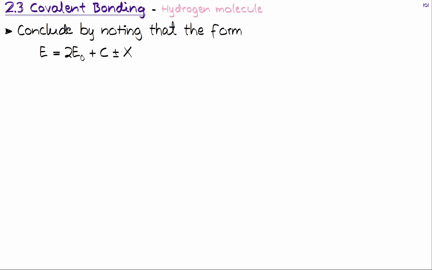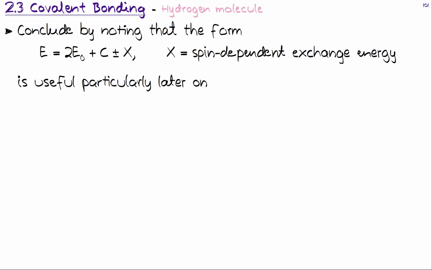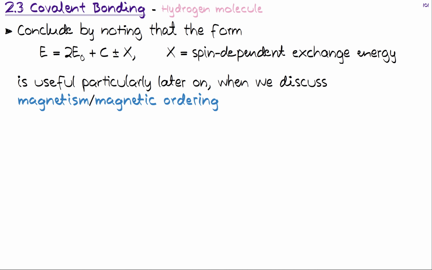So I will conclude that we have energy states of this form, and this X term, this exchange energy here, is actually a spin-dependent energy term. Please remember this, spin-dependent, and this is particularly useful later when we will discuss magnetism and magnetic ordering.